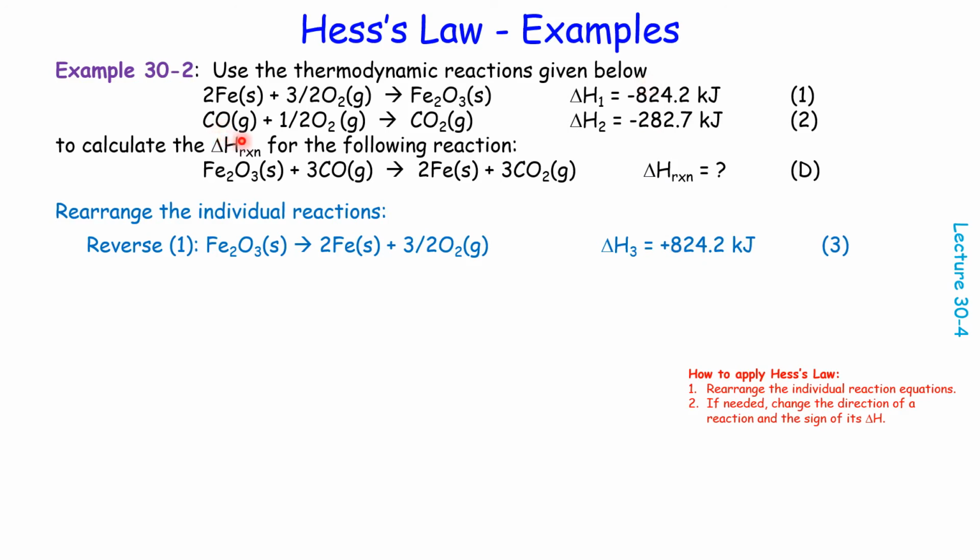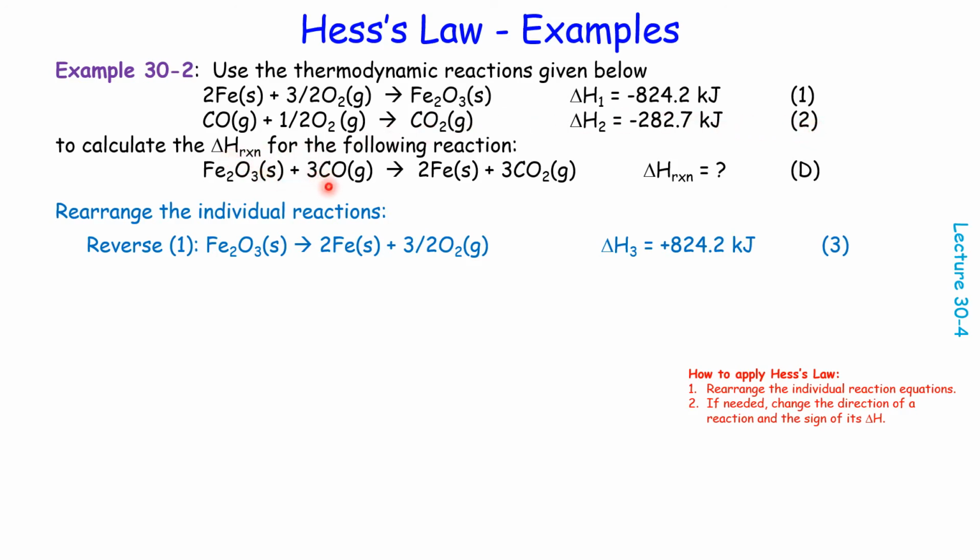Now look at equation 2. Carbon monoxide is on the left-hand side. All right, then carbon monoxide is also on the left-hand side in the overall reaction. But what do we need to do with equation 2 in order to apply Hess's law to solve this question?